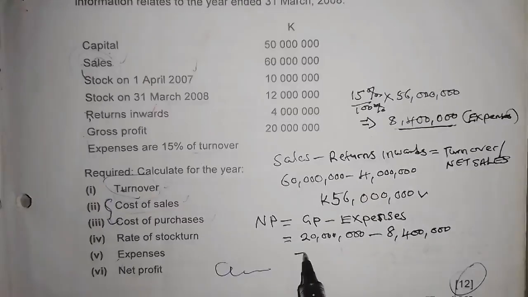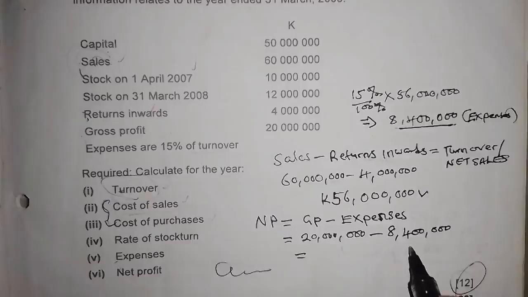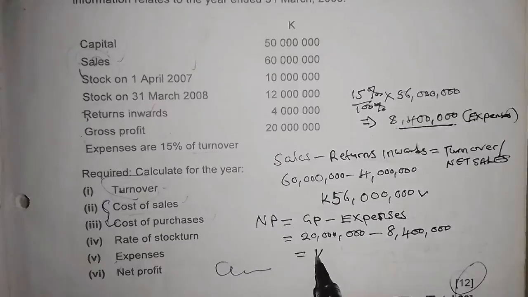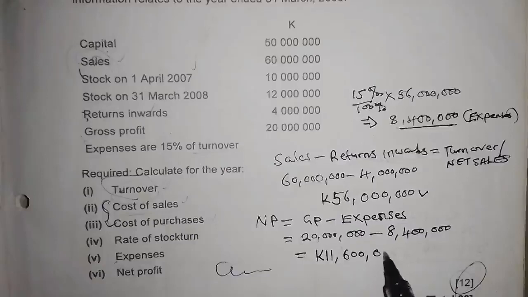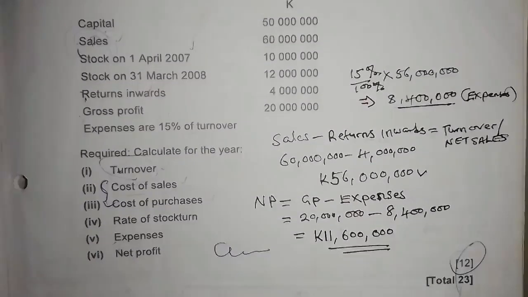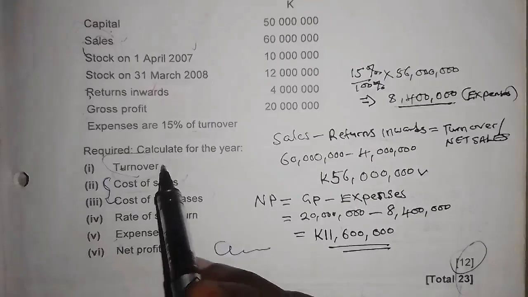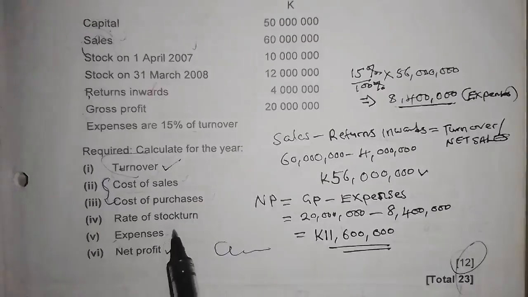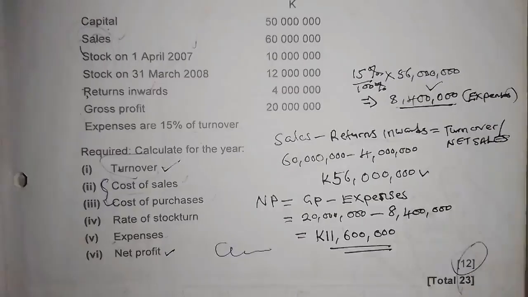From there you say 20 million minus that, and you get 11,600,000, and this is the net profit. Now what about expenses? That is found. Expenses is just that 8.4 million. So this is also found.